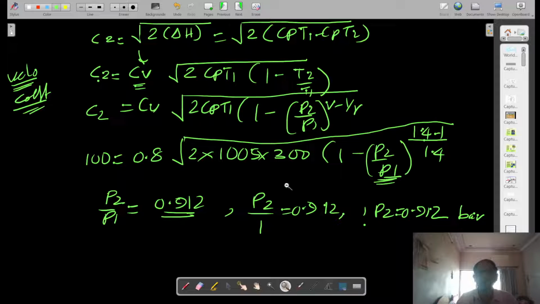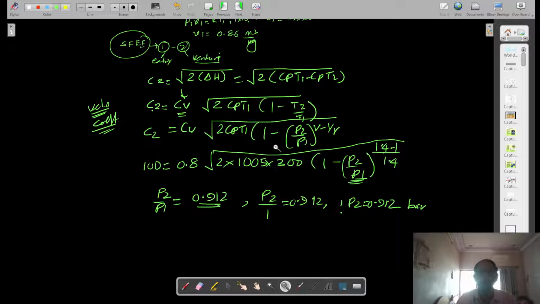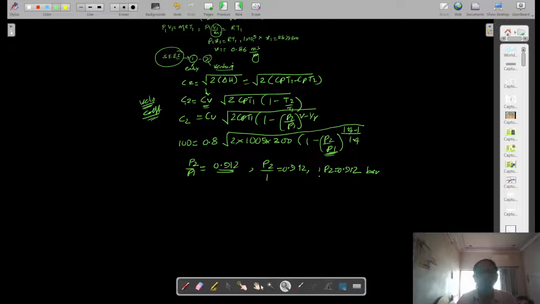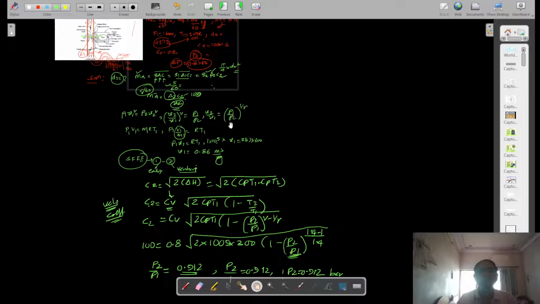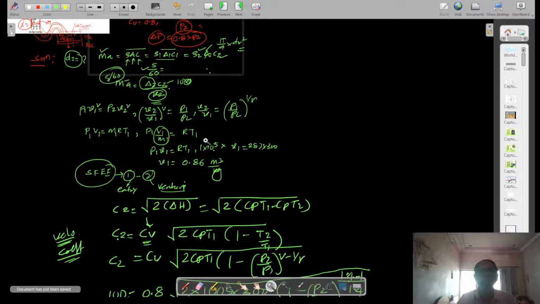So our aim is to calculate the value of V2, because V1 we know. हमको V2 का वैल्यू चाहिए.